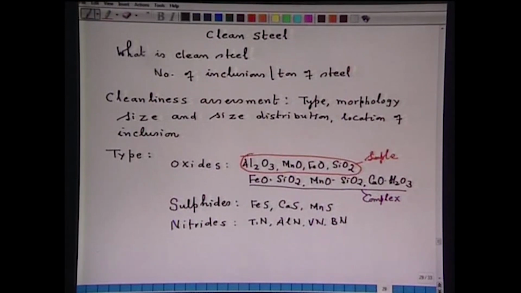Then we have carbonitrides, for example of titanium, molybdenum, niobium carbonitrides.